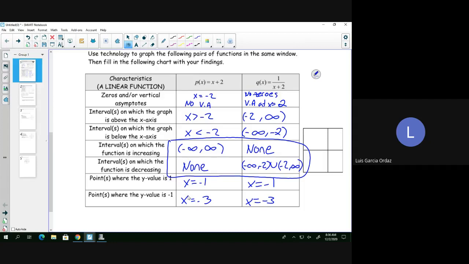One's always increasing, the other's always decreasing. So for example, in this one, P of X was always increasing, while Q of X was never increasing. And P of X was never decreasing, while the reciprocal is always decreasing. It's not negative infinity to infinity because it's usually the opposite, the only reason being that we have that asymptote, so we have to take that into account.